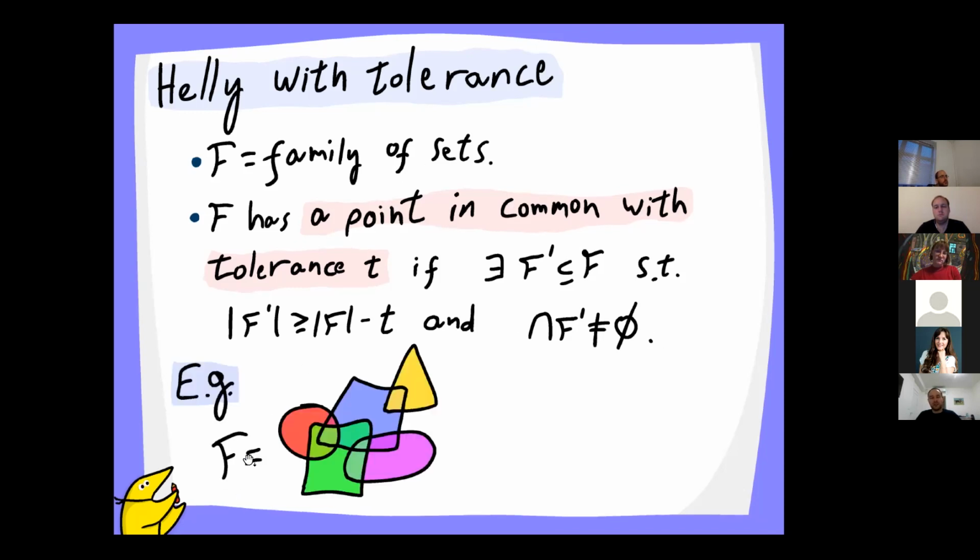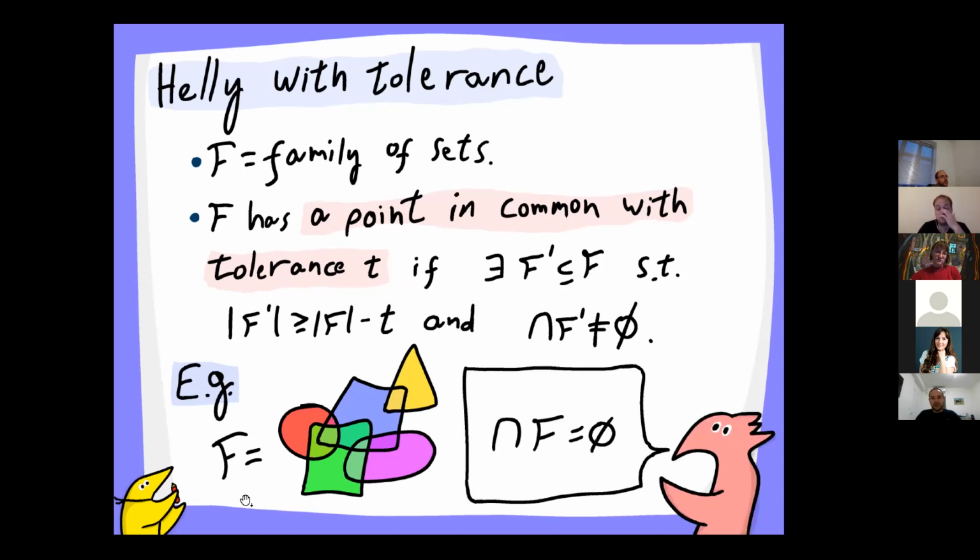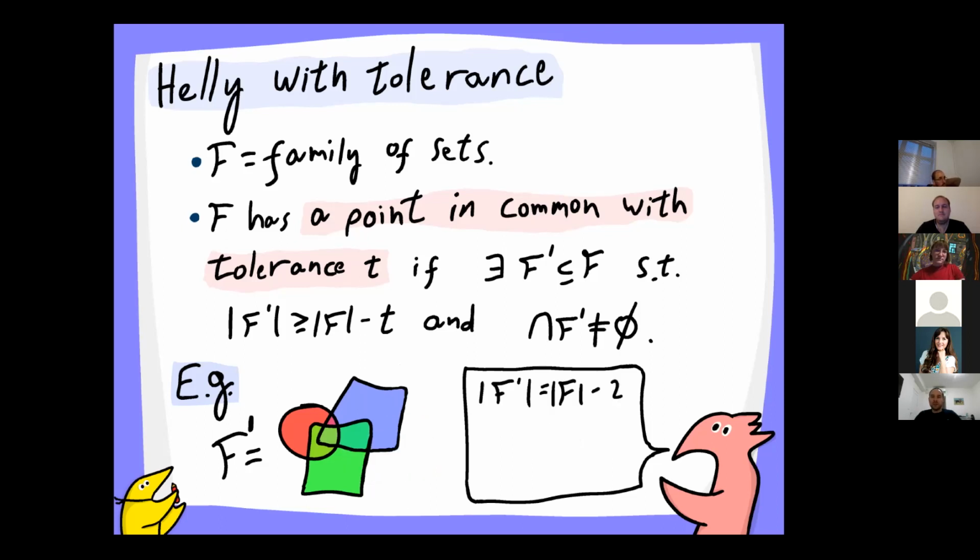For example, we can look at this family of sets here. It clearly has empty intersection, but we can choose 2 of these sets and remove them, and the remaining family has non-empty intersection. So here we say that F has a point in common with tolerance 2.